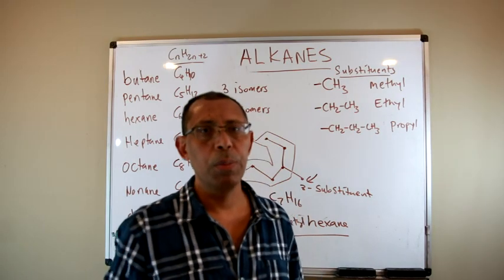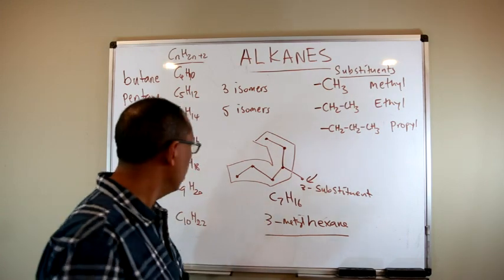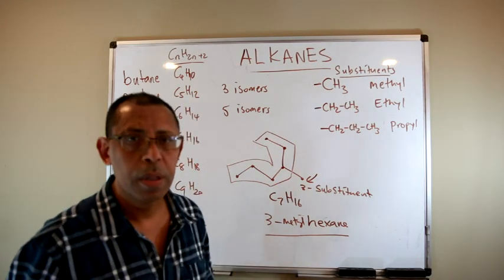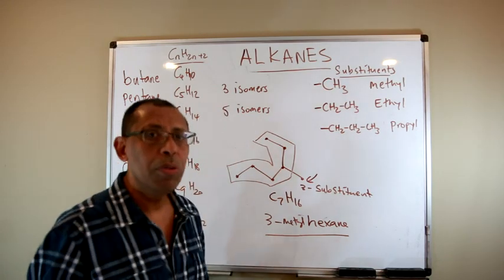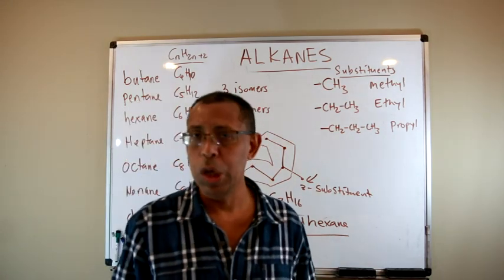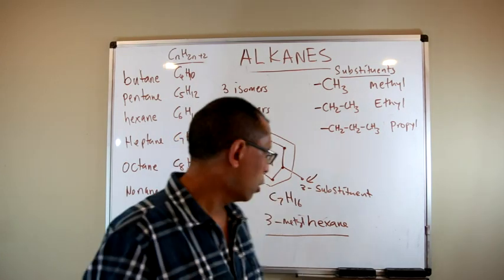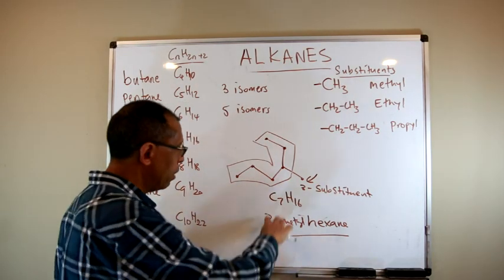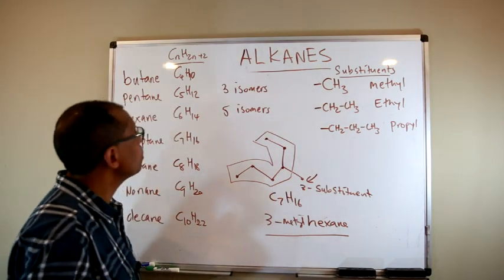Each possibility of branching would give you different compounds, and you name them as well. The name should be unique, so that you know exactly you have different constitutional isomers. So I have here a 3-methylhexane compound.